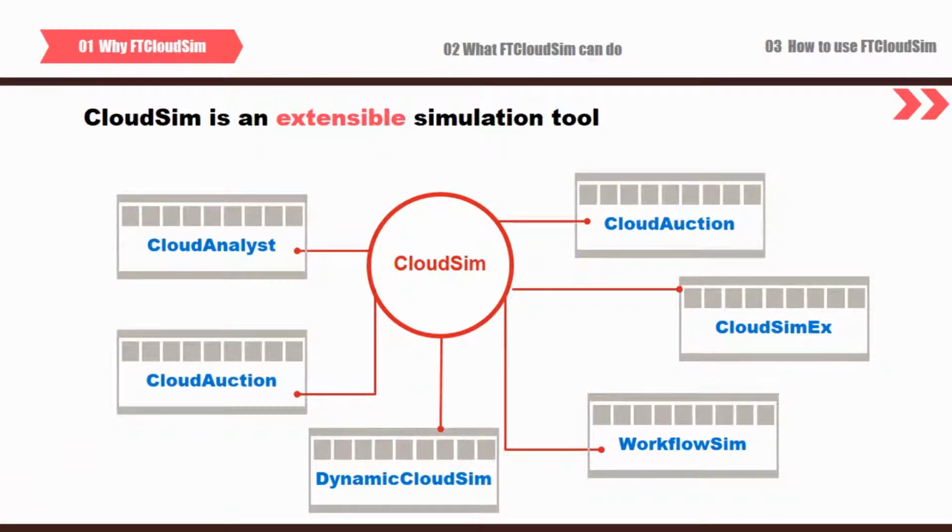Researchers can extend the existing functionalities provided by CloudSim and add new features to it, including Cloud Analyst, Cloud Auction, among others. But none of the available current tools can properly simulate cloud service reliability enhancement mechanisms.